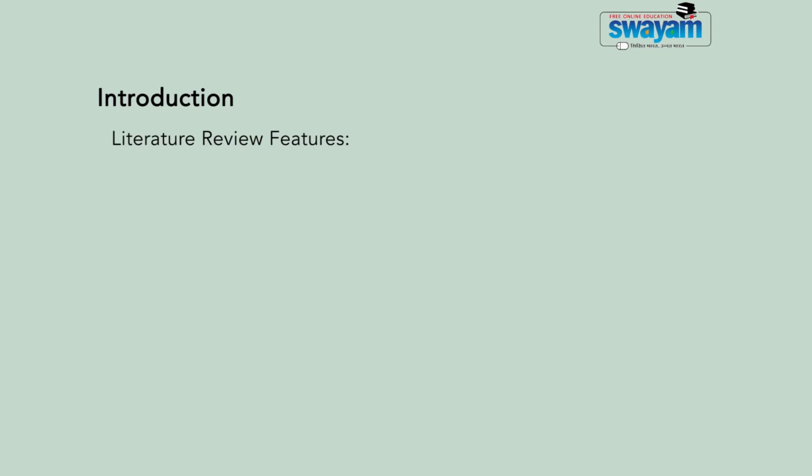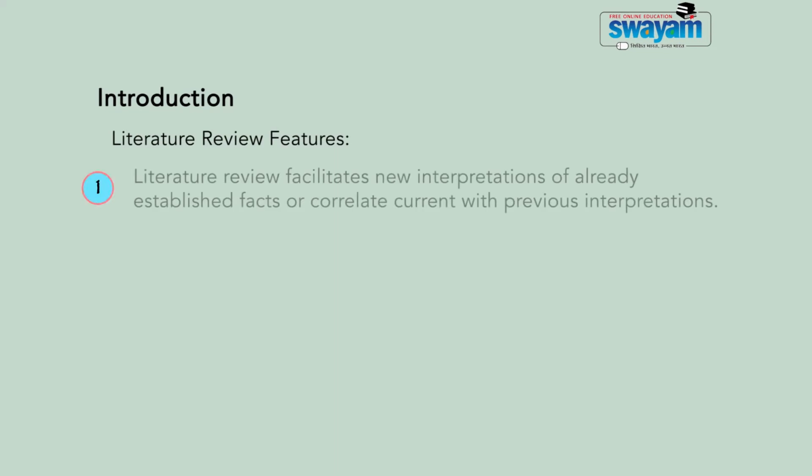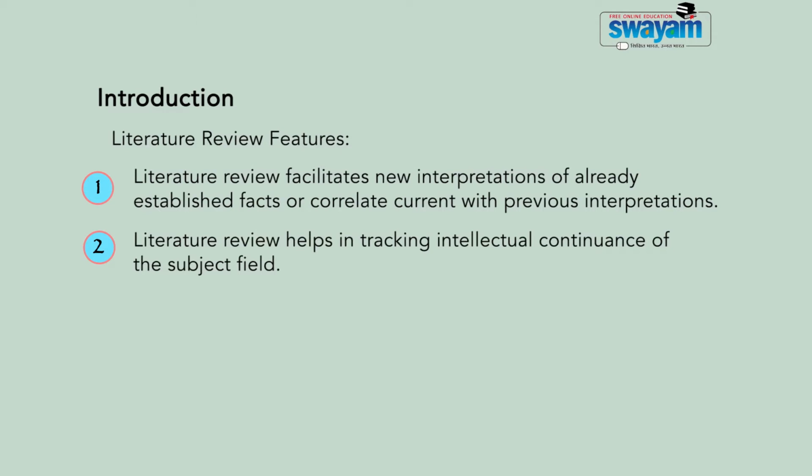Literature review consists of several features. Literature review facilitates new interpretations of already established facts or correlates current with previous interpretations. Literature review helps in tracking intellectual continuance of the subject field.